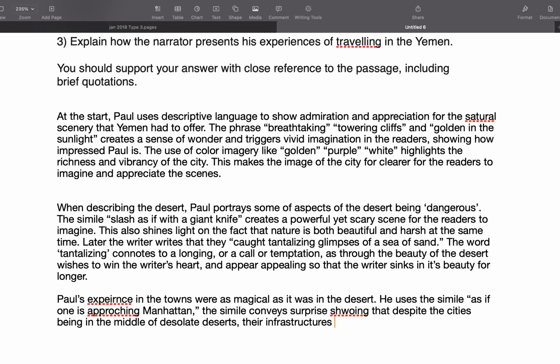Let's just say infrastructures are as grand and modern as it is in the United States or in the West. You don't have to say United States, just the West.